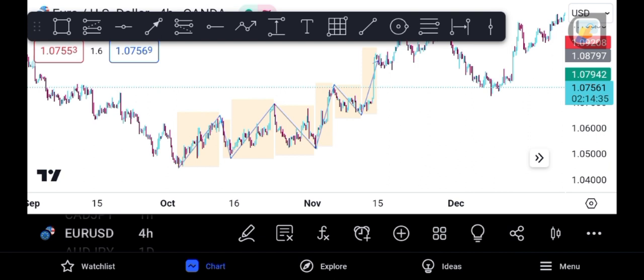The next characteristic is that we need to see higher highs and higher lows.